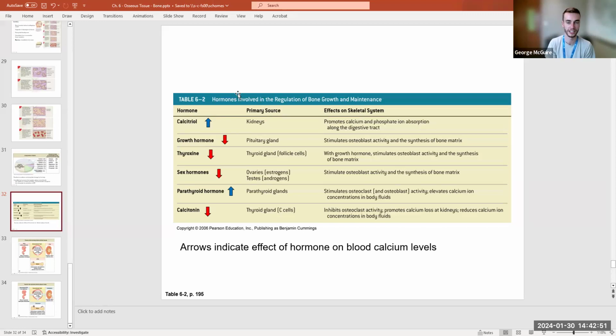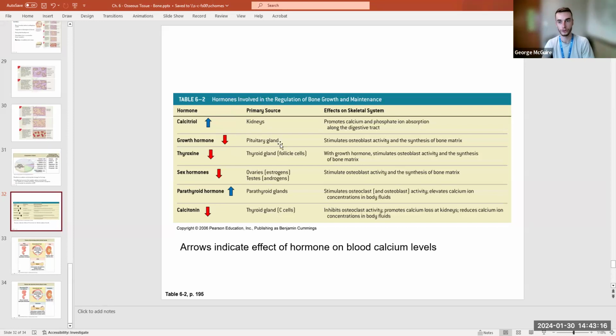But the active form of vitamin D is going to help promote calcium and phosphate absorption through our digestive tract. So this is really helpful in activating our genes that are responsible for creating the proteins that will transport calcium and phosphate, or even for creating the proteins that are going to open protein channels to allow those minerals to come into the cell from the lumen of our intestines.